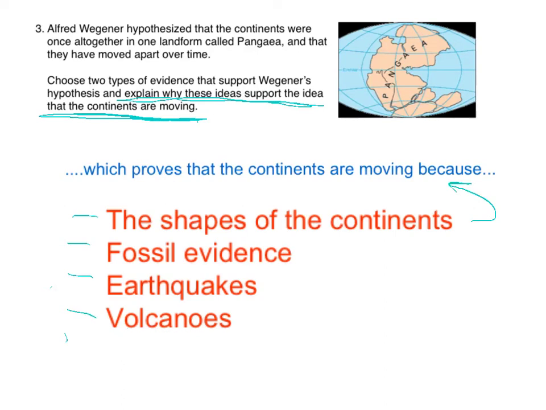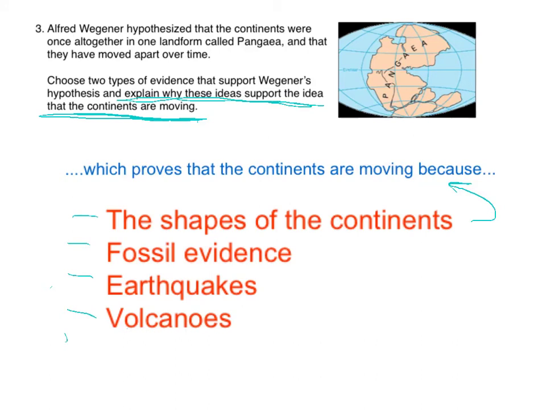So you could have said something like, Alfred Wegener noticed that the shapes of the continents look like they fit together in a puzzle piece, which proves that the continents are moving because they are no longer found together in one big landmass. They are found separate, so they must have moved apart.